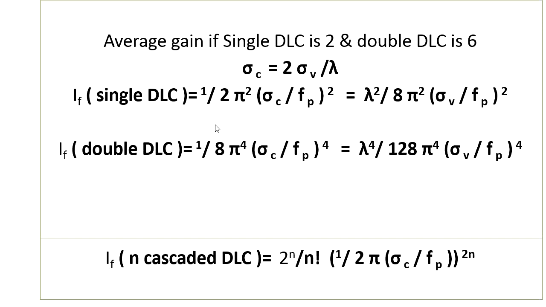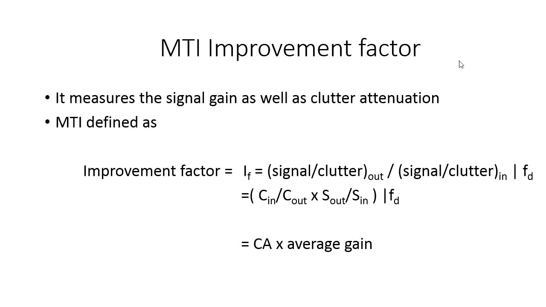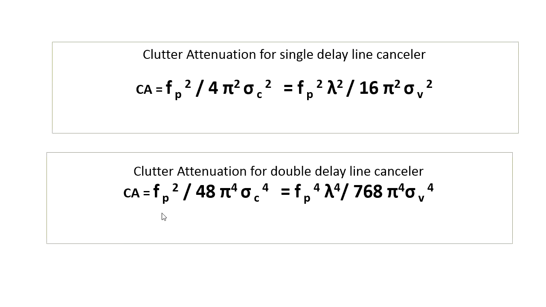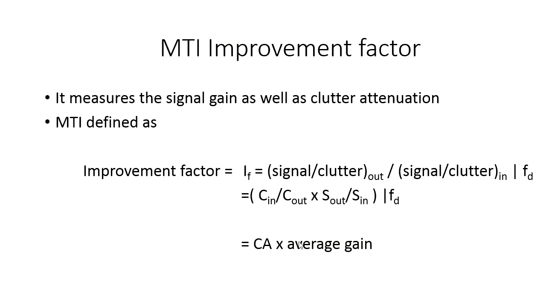Similarly, if I want to find the expression for the double delay line canceller improvement factor, as we know, the average gain for the double delay line canceller is 6 and the clutter attenuation is given as Fp raised to 4 divided by 48 pi raised to 4 sigma c raised to 4. Substitute in the improvement factor.